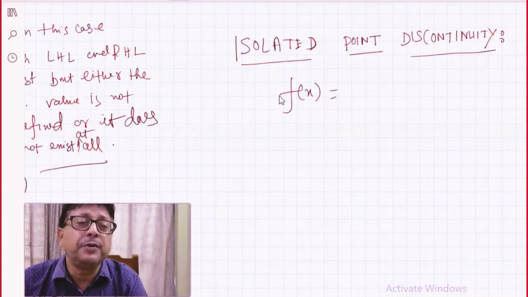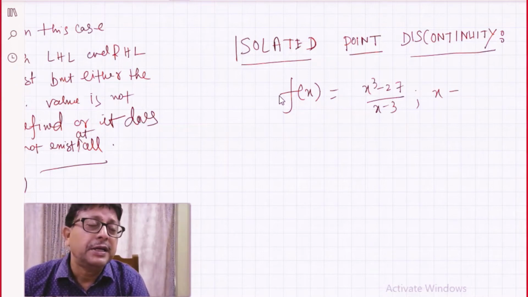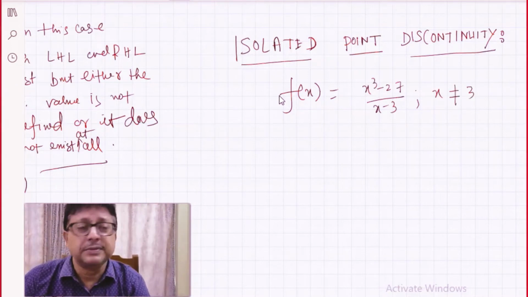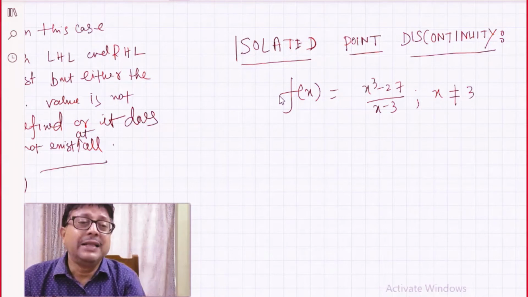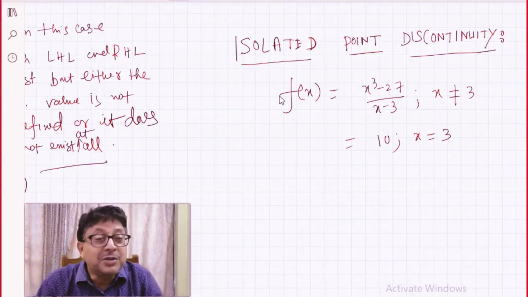That f(x) going to be (x cube minus 27) by (x minus 3), x not equal to 3. Okay, and then it is given 10 for x equal to 3. Isolated point.